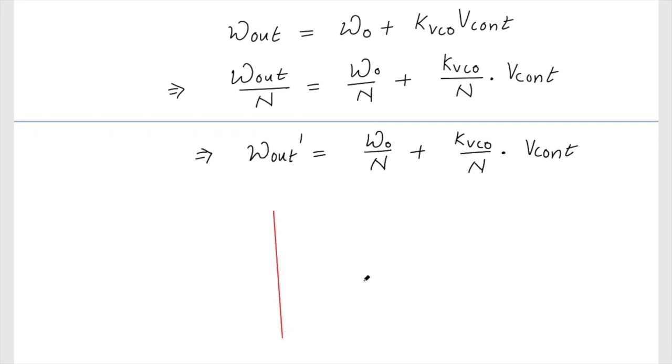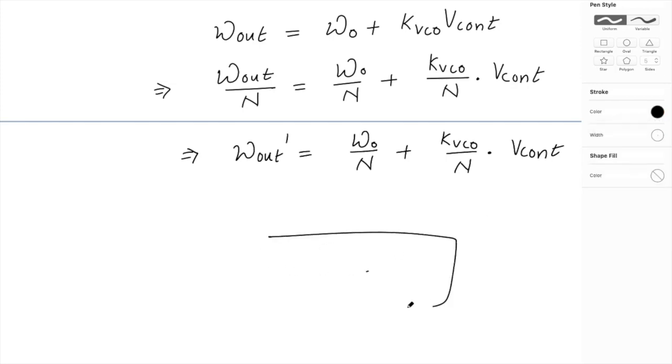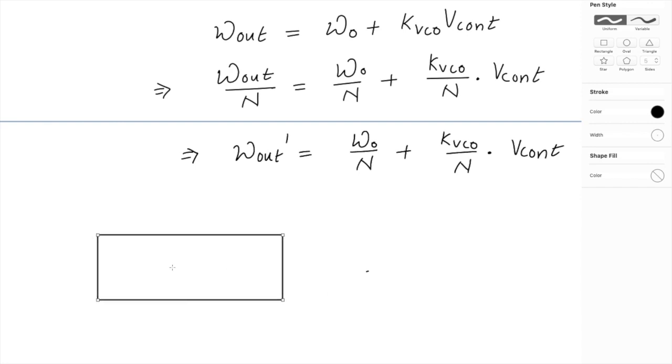I have a new VCO, VCO dash, with the same V cont, and this is the omega out dash.